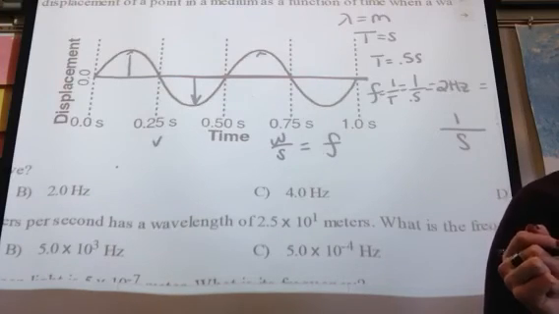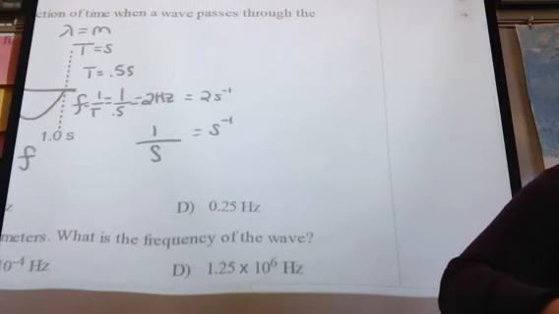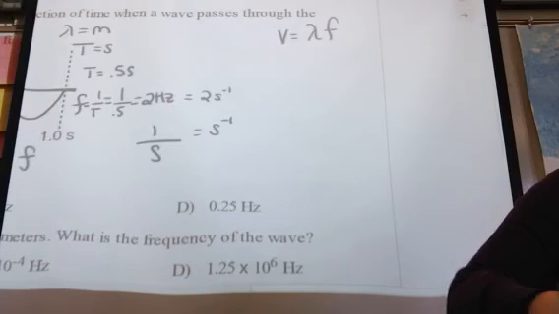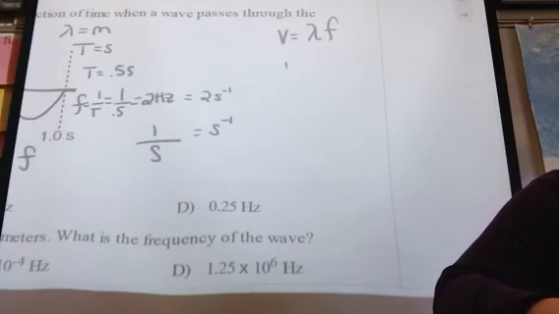And then the wave velocity, if you look at your reference tables, the velocity of a wave is equal to the wavelength times the frequency. The units for velocity are meters per second.